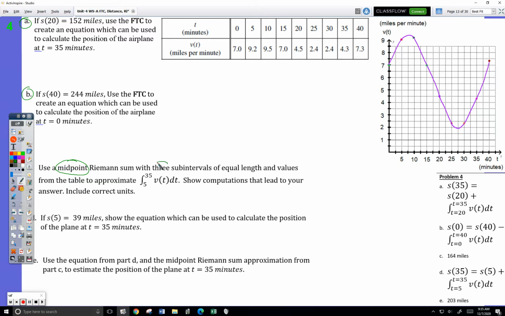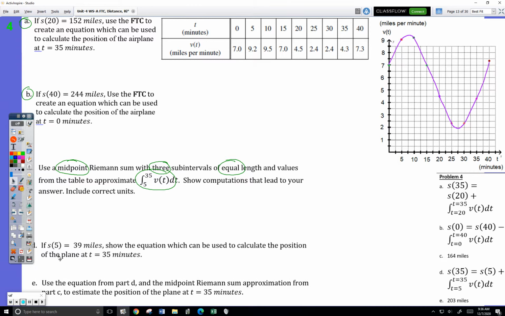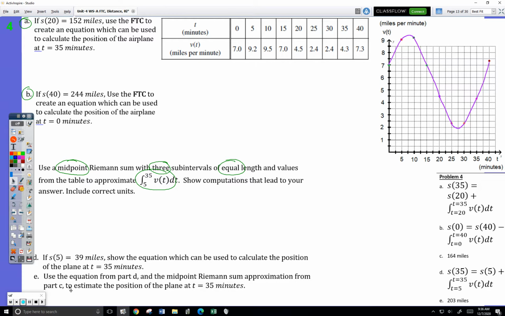We still want 3 subintervals, still want equal length. We're approximating this integral, so we're going to write that down. The integral from 5 to 35 of v of t dt is approximately equal to... we still go to our table and say we're starting at time 5, going to time 35, and we must have 3 equal subintervals.